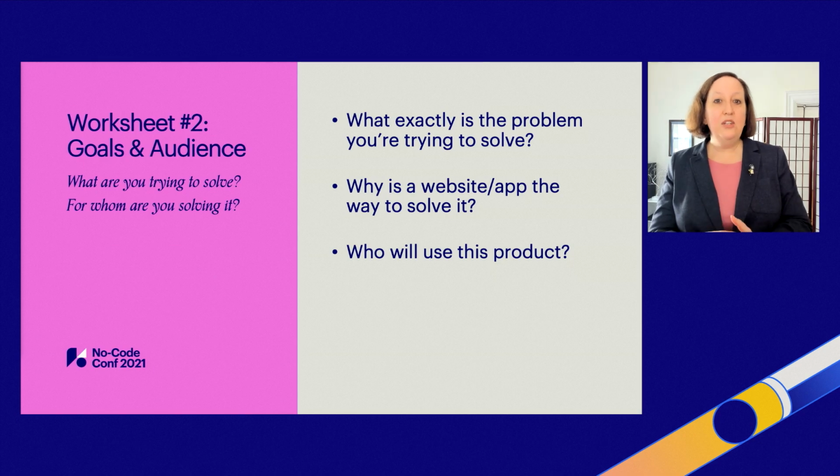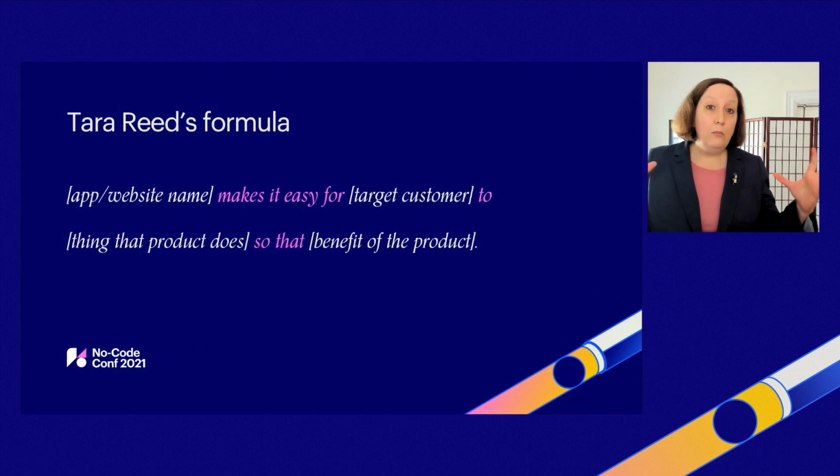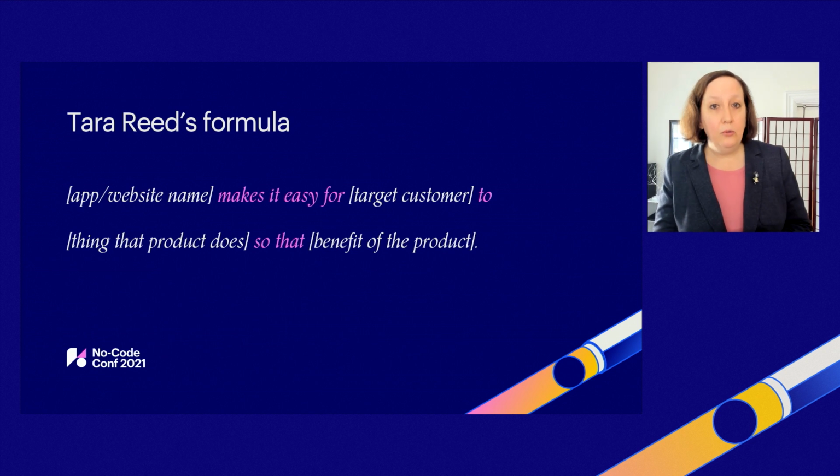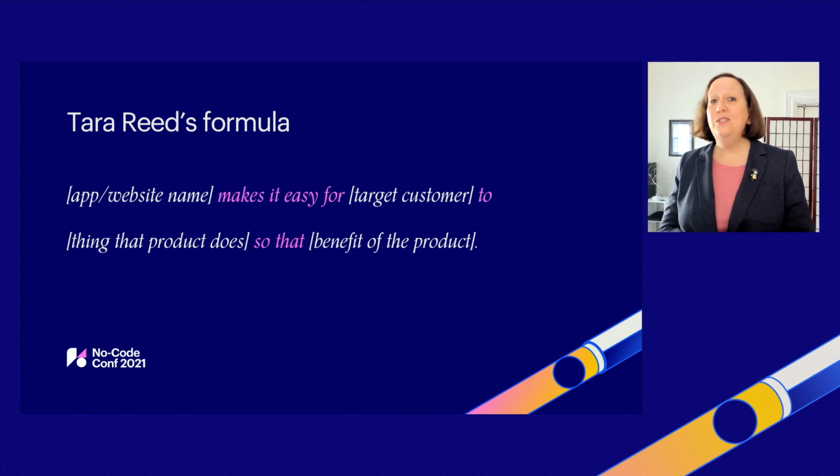And so once you get through those particular questions and you do them adequately, you'll wind up being able to boil this down to a single sentence. This comes from Tara Reid from Apps Without Code, and I learned this formula from her at the last No Code Conf.